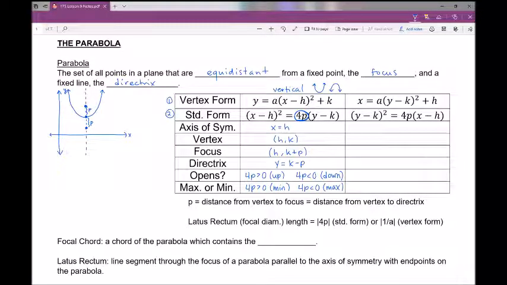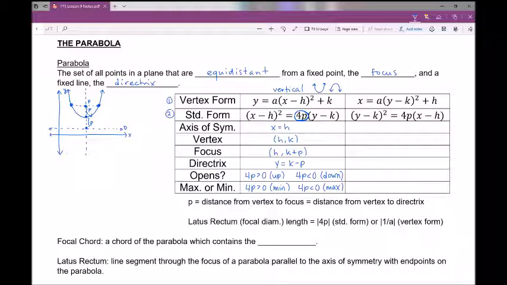Of course, your directrix is going to be a line through that point on the other side of the vertex from the focus. So this is your focus, this is your vertex, this is your directrix. When we look at the focus, a diameter idea comes into play. We have some points on that same horizontal line as the focus, and that line is called the focal diameter, which we'll talk about in a little bit.